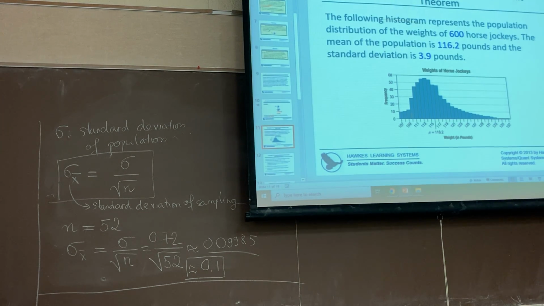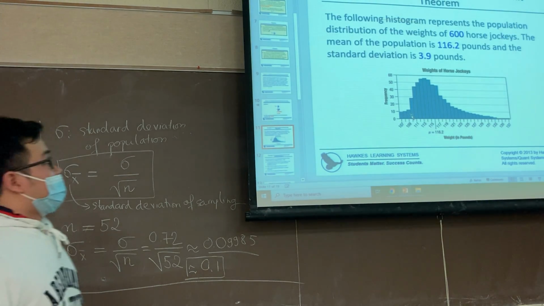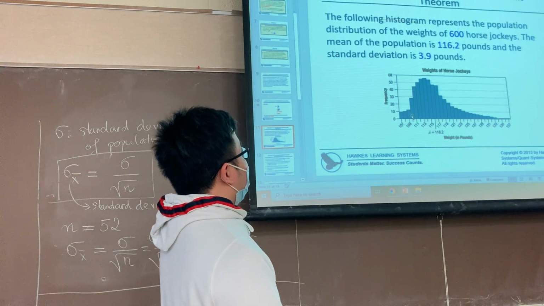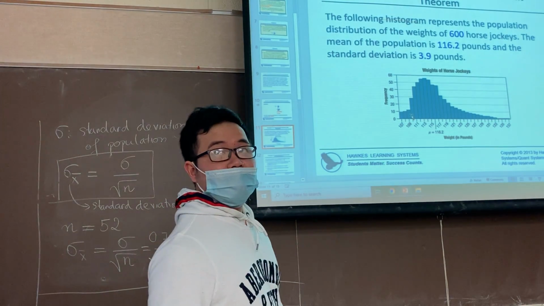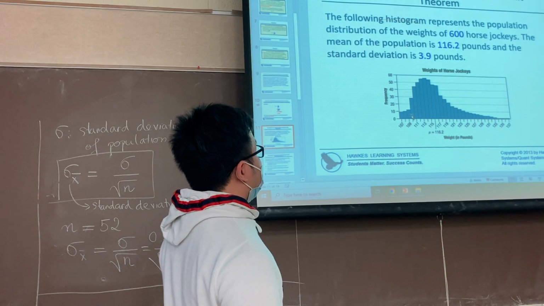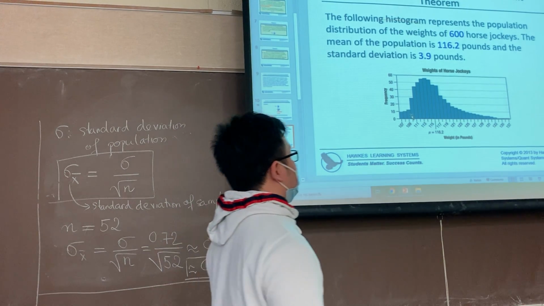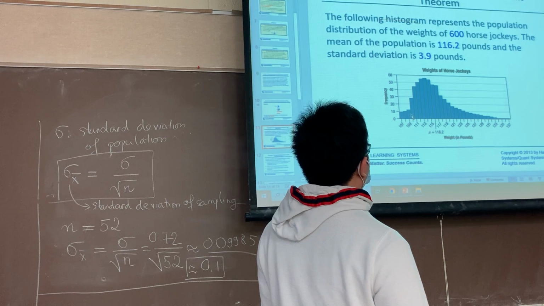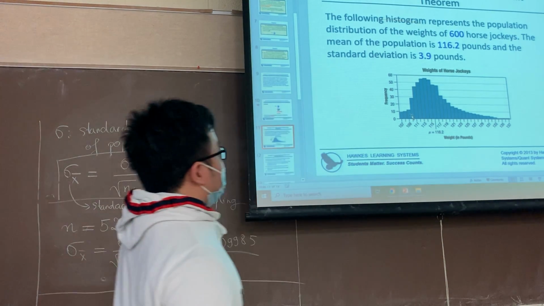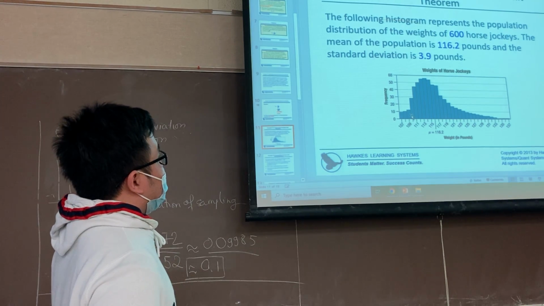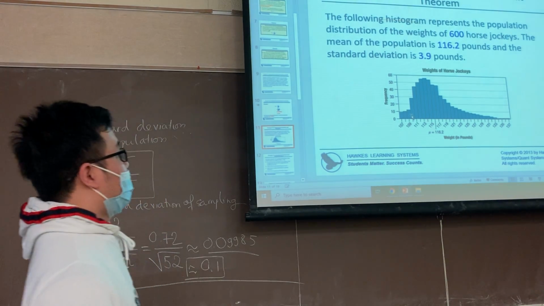Okay, we will move on to the next example. The following histogram represents the population distribution of the weights of 600 horse jockeys. The mean of the population is 116.2 pounds, and the standard deviation is 3.9 pounds.